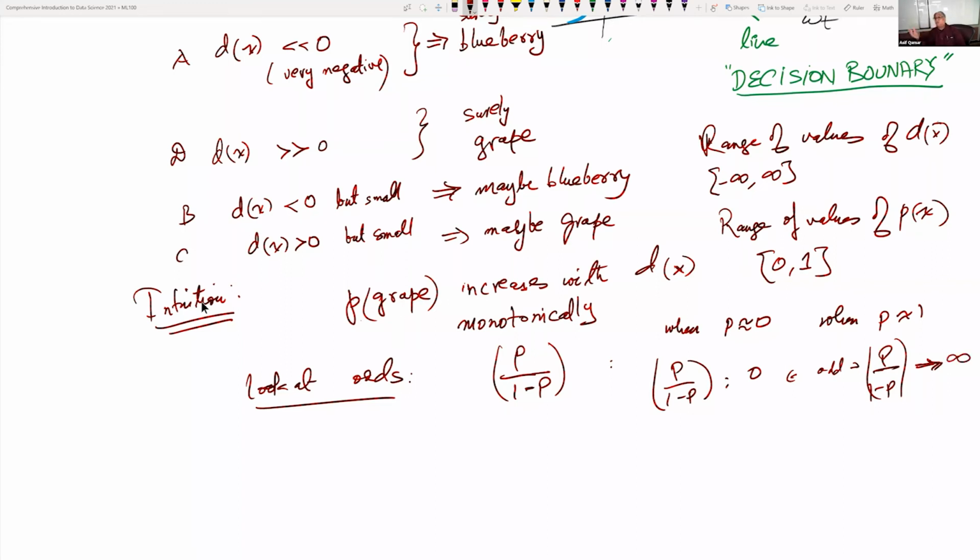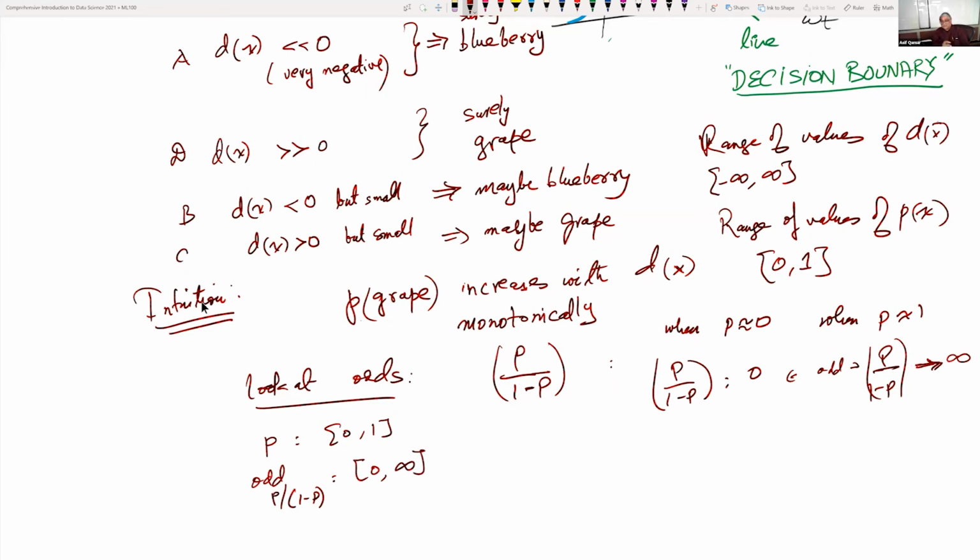Oh, there is 1,000,000 to 1 odds of this happening. I'm sure it will happen. That's how we talk in common language, isn't it? Odds. So now this is good. P's range was from 0 to 1. Odds, which is P over 1 minus P, ranges from 0 to infinity, right?